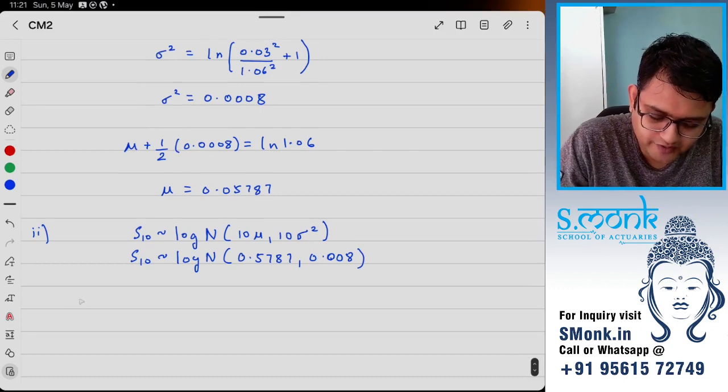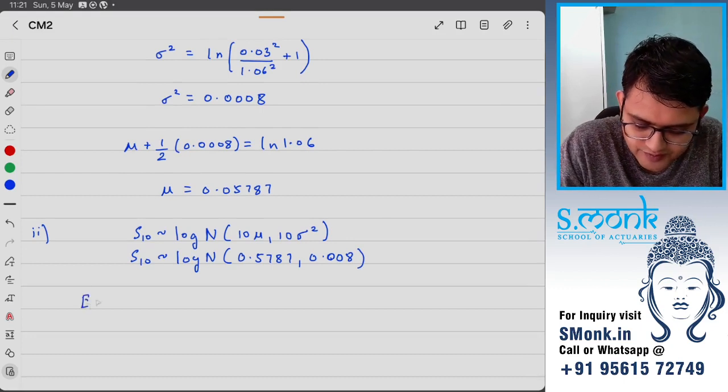Now let's find the expected value of S10.